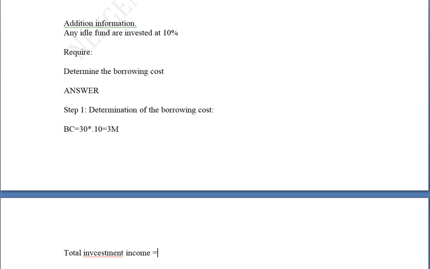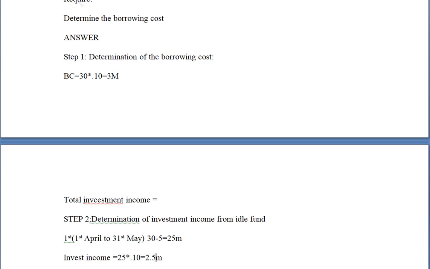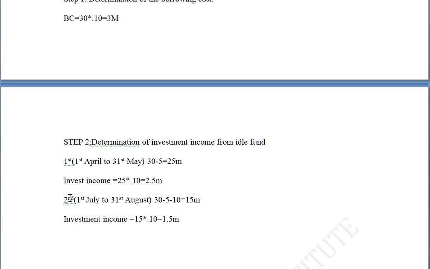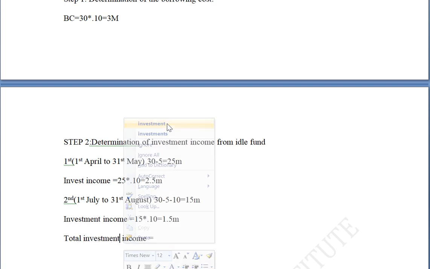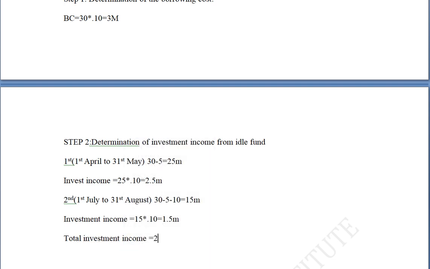Total investment income will now be equals to 2.5 plus 1.5, and that will be 4 million as it were.